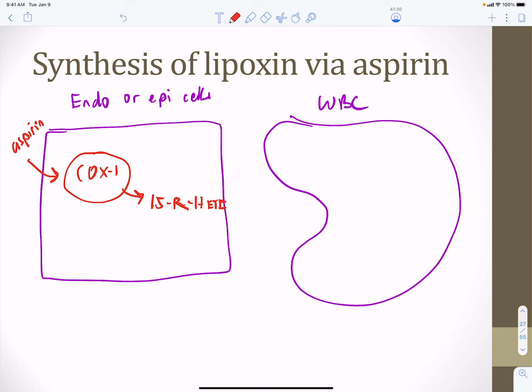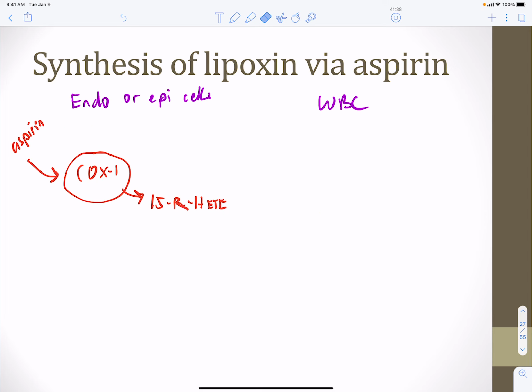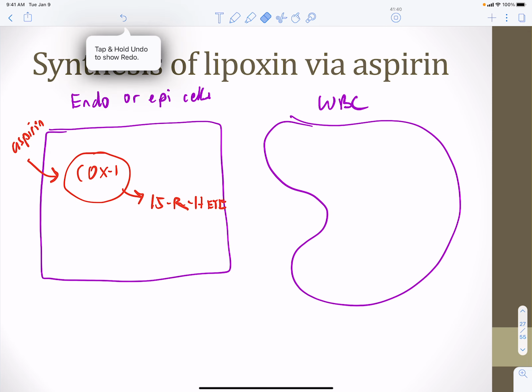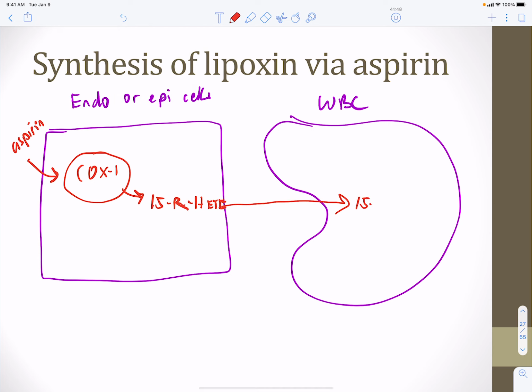And our 15R-HETE is going to go into your polymorphonuclear cell. Okay, it's going to go into our polymorphonuclear cell, and it's going to be worked on by our 5-LOX system.